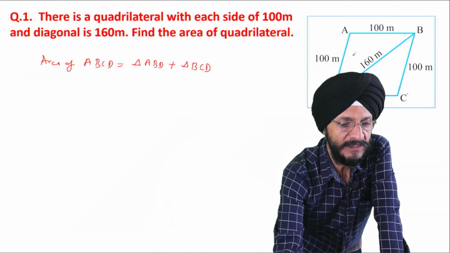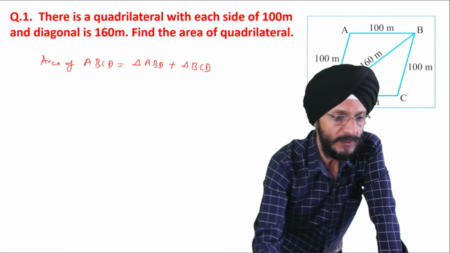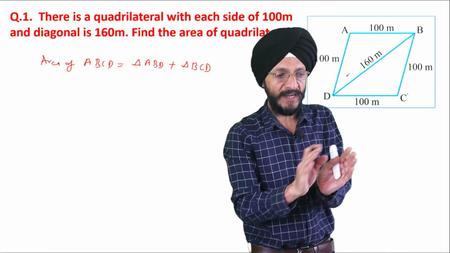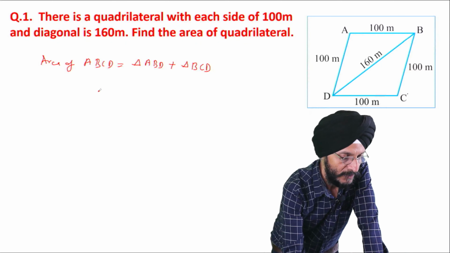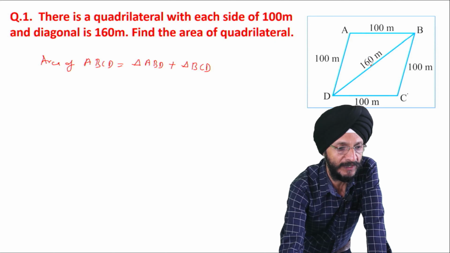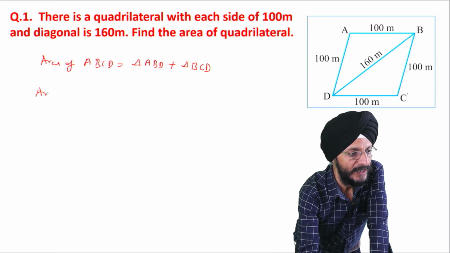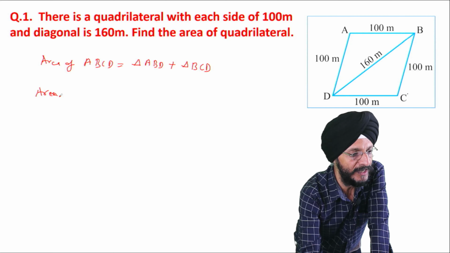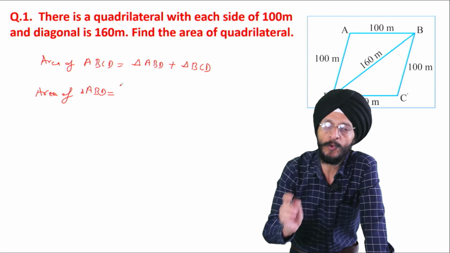In this case triangle ABD is equal to BCD because all the sides of the triangles are equal to one another. So first of all we will find out the area of one triangle. Here we will take the area of ABD. We will calculate the area of triangle ABD. We will use Heron's formula.